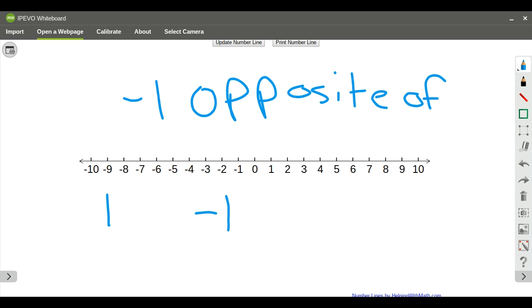The opposite of negative 1 is going to be 1. Okay, the next value, number 6 now, is negative 11. The opposite of negative 11 is going to be 11.